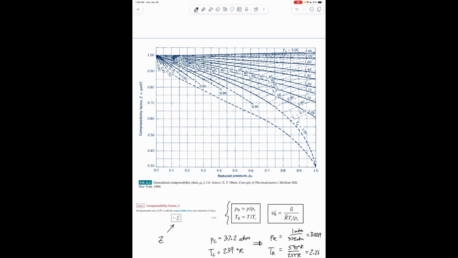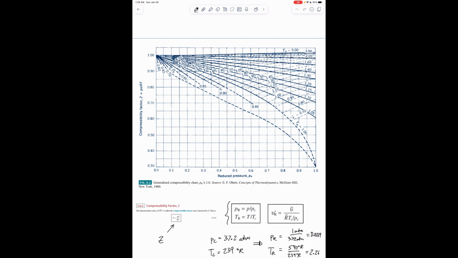First is the temperature, TR, the reduced temperature. It's about 2.2, which I believe is along the dotted axis. Somewhere around this line going back.